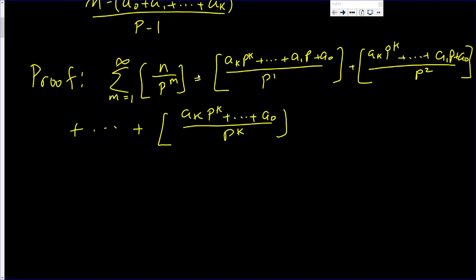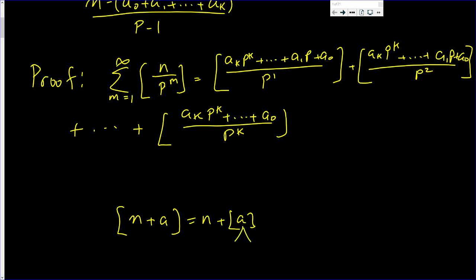Now, I just want to comment on a lemma that I'm going to use, one that I've proven already. If n is an integer, the greatest integer function of n plus a is that integer plus the greatest integer function of a.